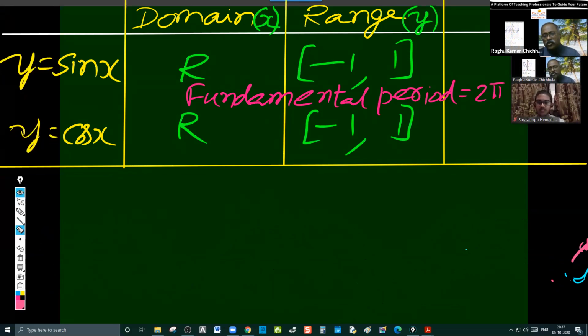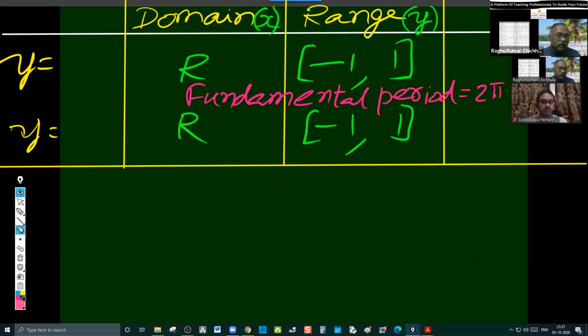There is no such case in sine and cos, but it is there in tan and cot. Why is it so? Because if you write tan x and cot x, this is tan x, this is cot x.